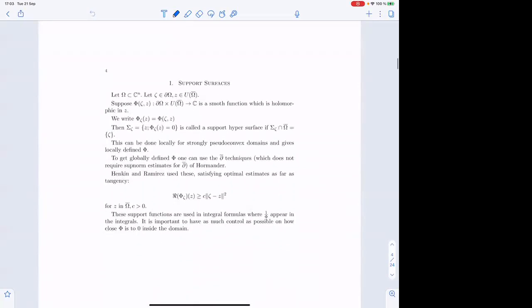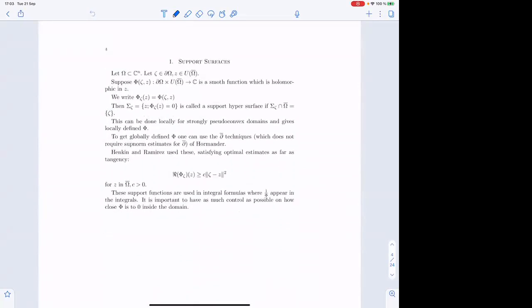So the support surfaces. If you have a theta in the boundary, the support surfaces are supposed to be lying outside the domain. They are given by some function phi on theta, z from the boundary across a neighborhood of omega bar, which is smooth and holomorphic in the second variable.